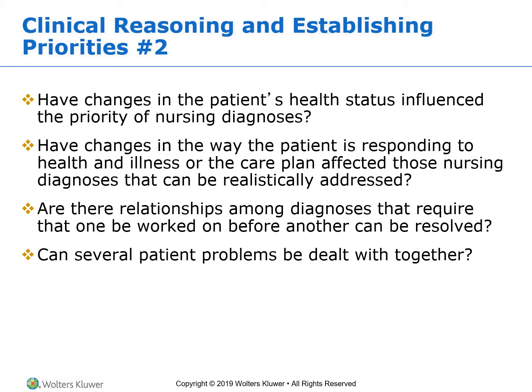Or we could even put the patient on an antibiotic that their body couldn't tolerate, and so it caused them to have some sort of acute kidney injury or something along that line, and it affected the way they responded to the illness or the actual antibiotic itself. So those are things that we may have to tweak or address.